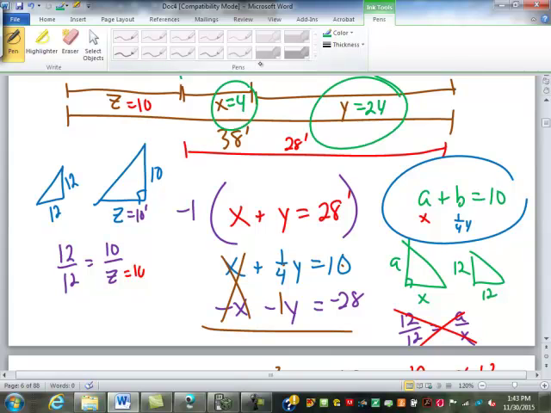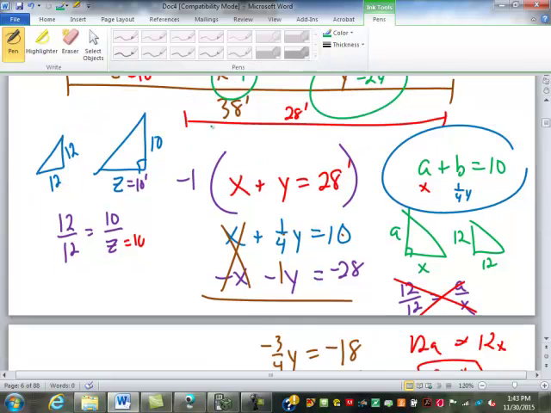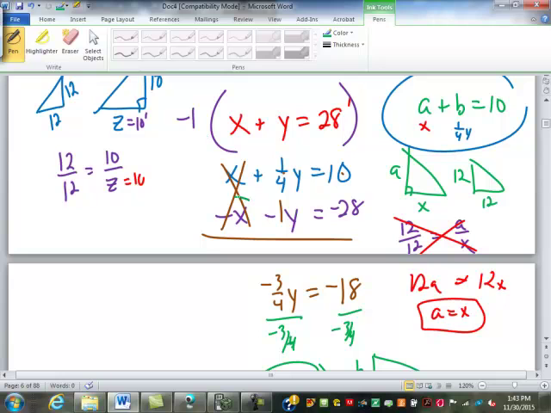Good job, guys. Where did I lose you, Mike? Yeah, the negative X minus Y equals negative 28. That was just this first equation, X plus Y equals 28.